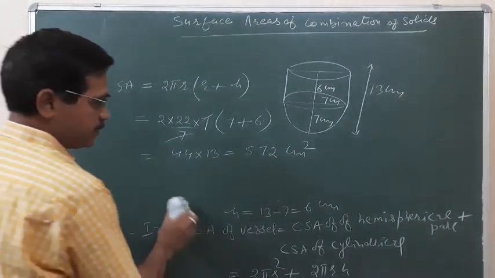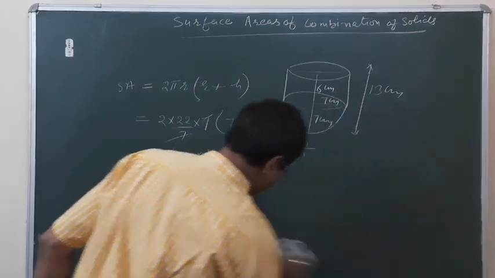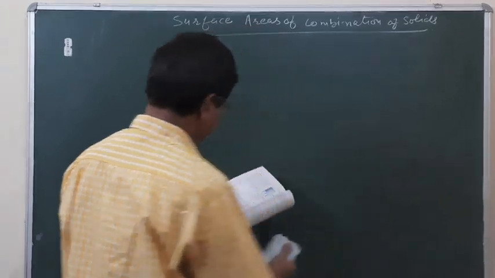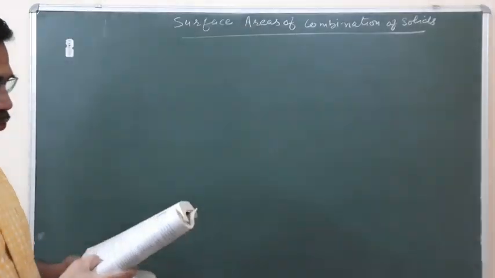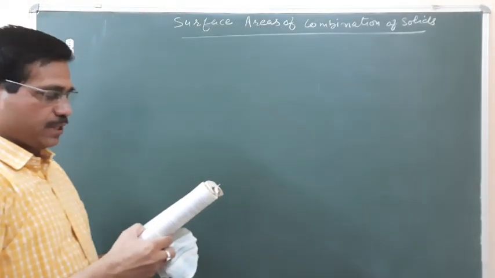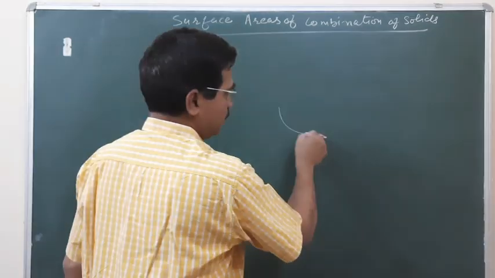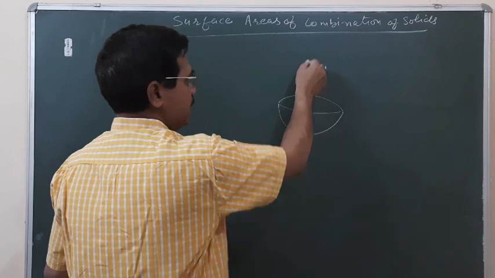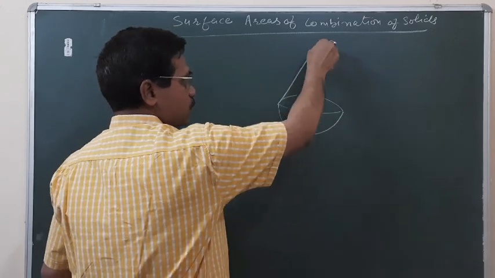The next question is, a toy is in the form of a cone mounted on a hemisphere. The lower part of the toy is hemisphere and the upper part is conical part.